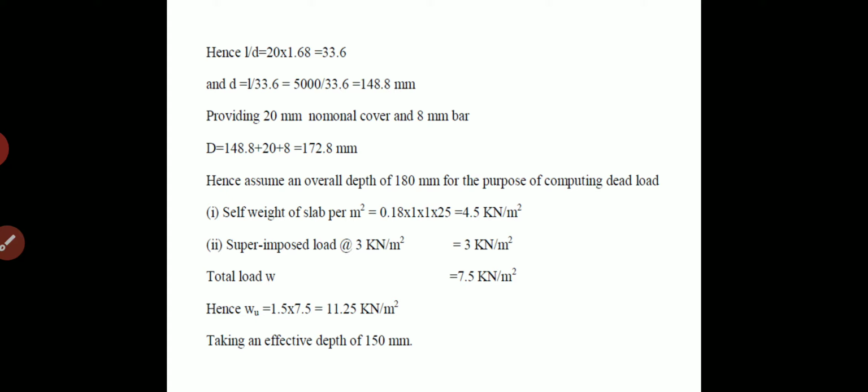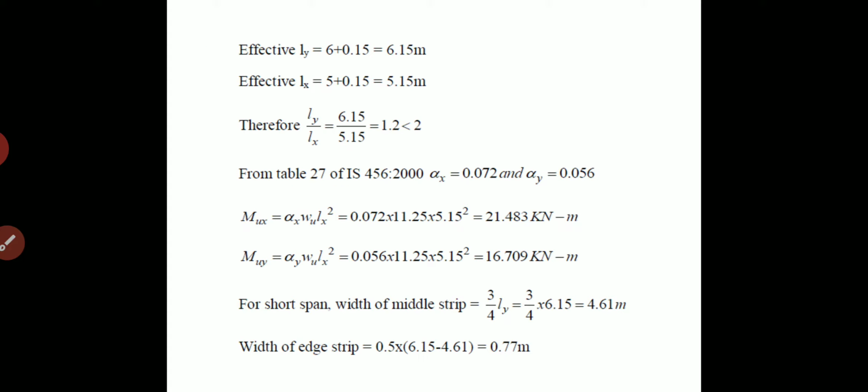Taking an effective depth of 150 mm. So here we take effective depth small d equal to 150 mm. We can also write as 0.15 meter. So here our longer span is 6 meter. So effective Ly equal to L plus d, small d equal to 0.15.